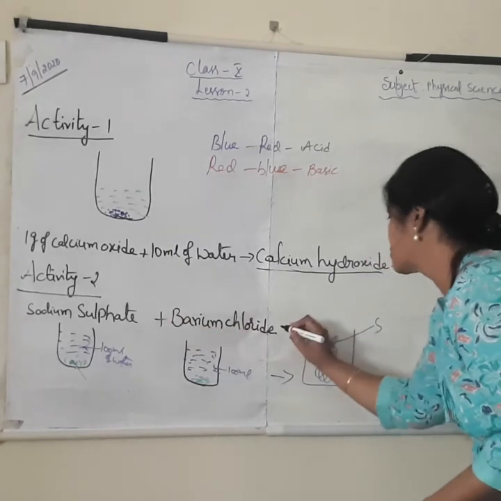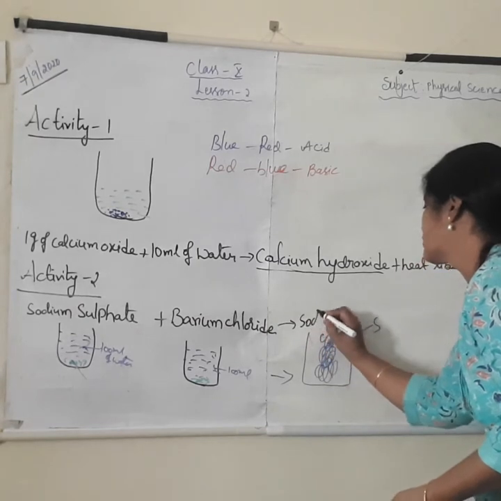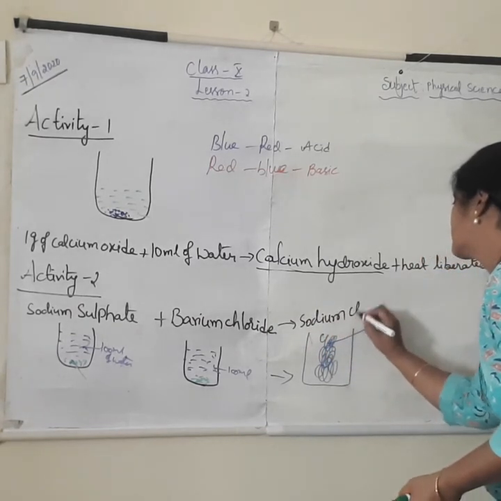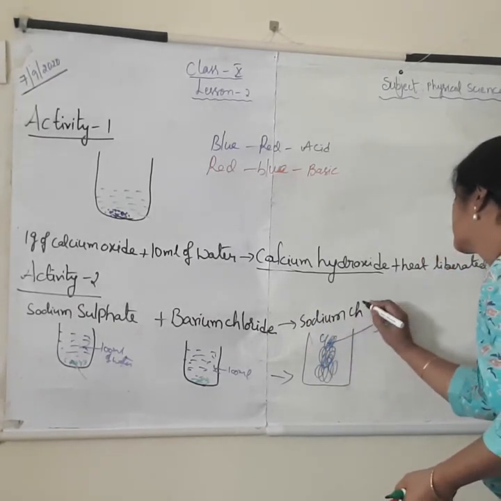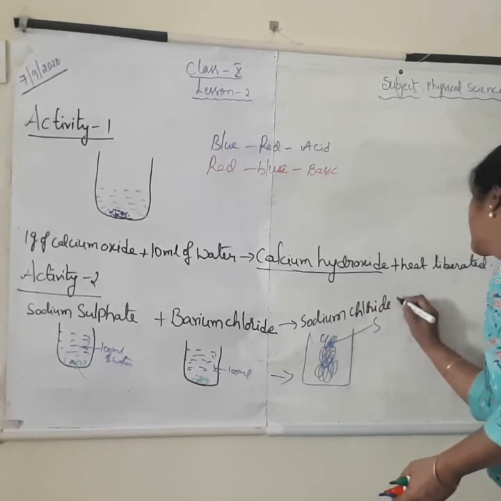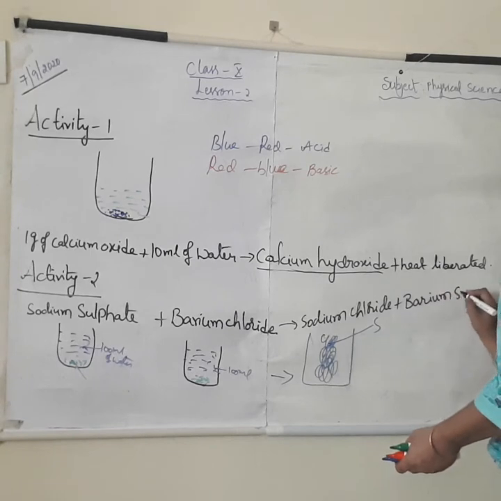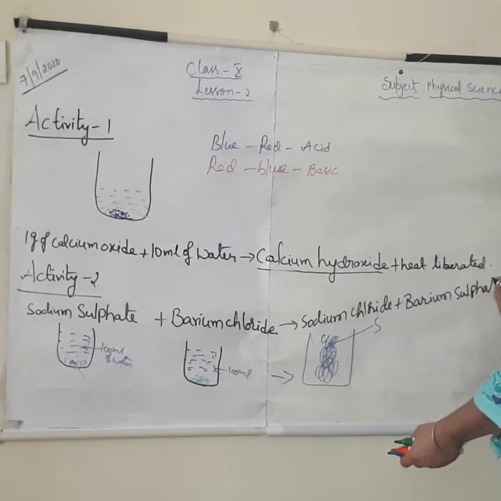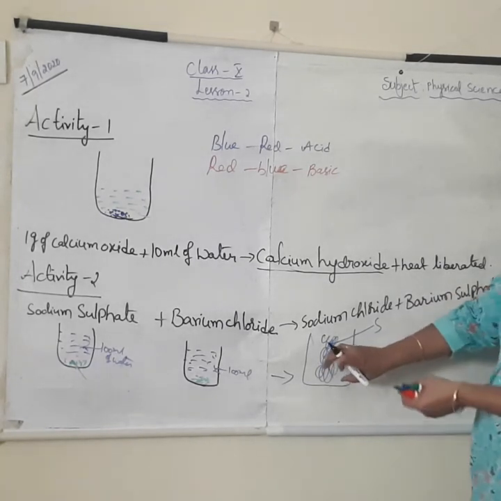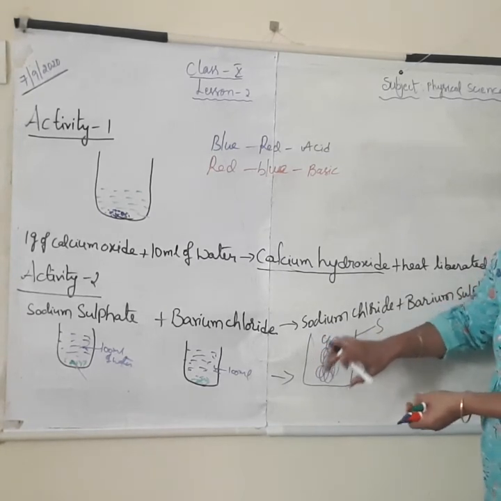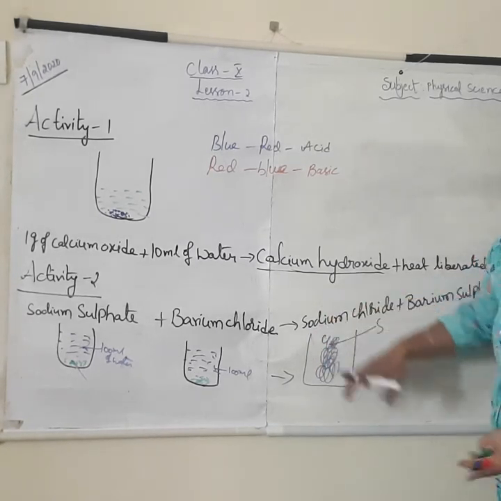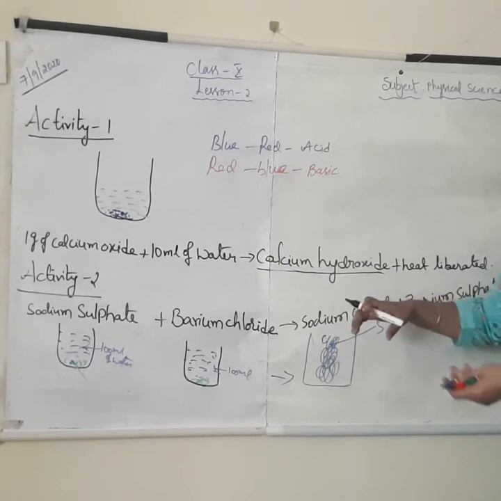when you mix these 2, we will get sodium chloride and barium sulfate. Means in this some part is liquid and some is undissolved substance, which is formed in the form of precipitate.